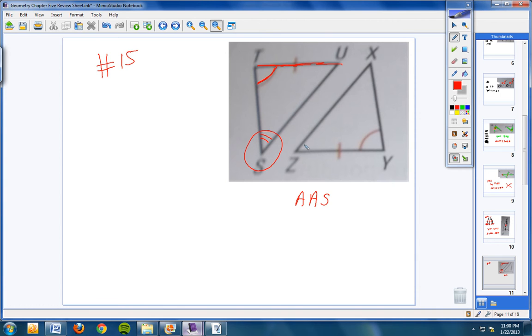I don't want this angle here because that would be angle, side, angle. I don't want that. So the angle I want is going to be this angle up here, and look what I have. Angle, side. So what am I missing so that I can use angle, side? I'm missing angle S being congruent to angle X. That's what I'm missing, okay, in order to use this right here.